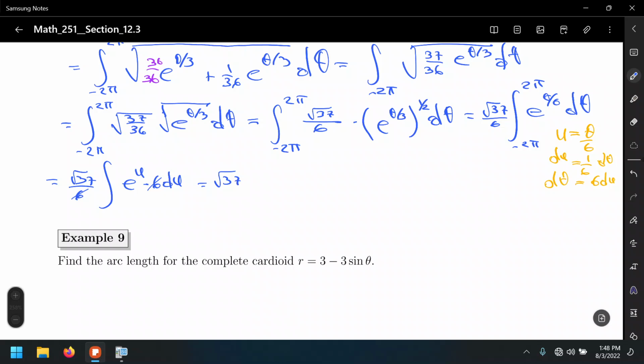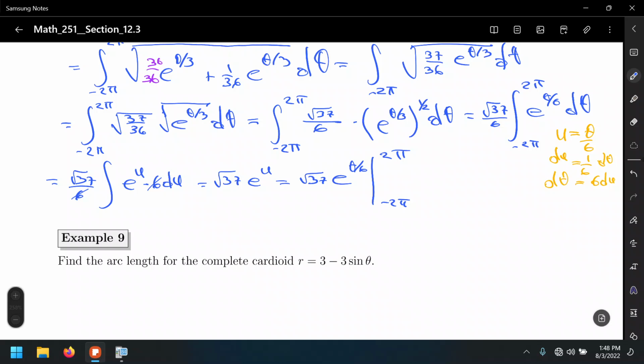That's square root of 37 e to the theta over 6, evaluated from negative 2 pi to 2 pi.